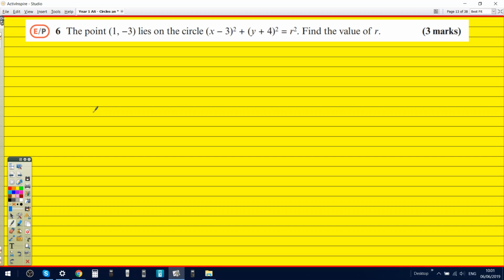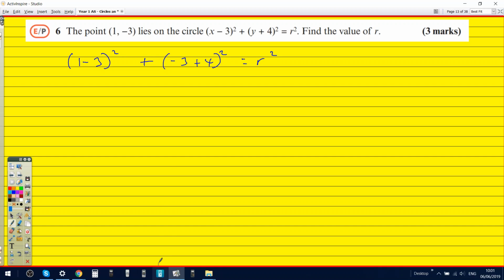So we've got 1 minus 3 squared plus minus 3 plus 1 squared. And then that equals the radius squared.